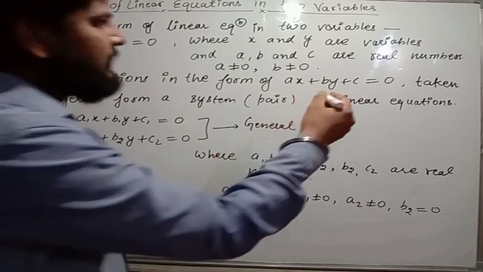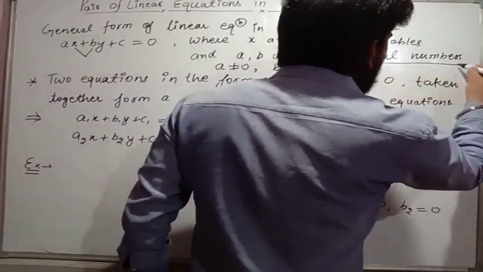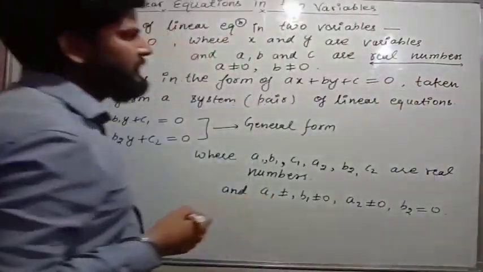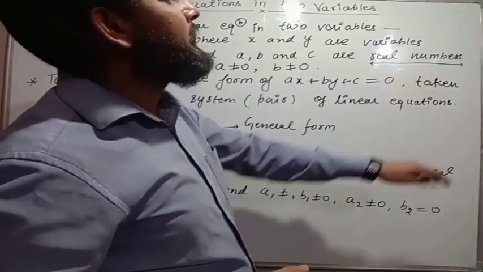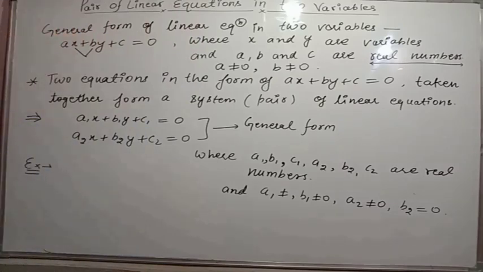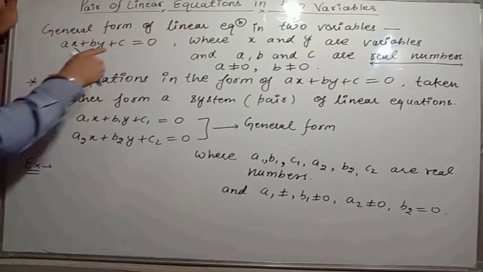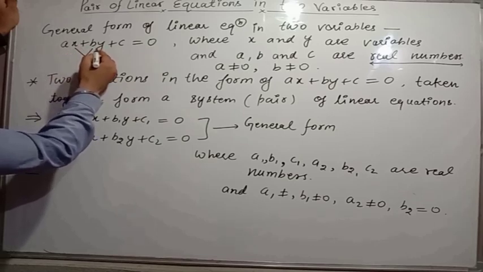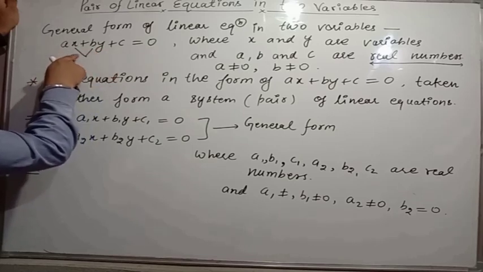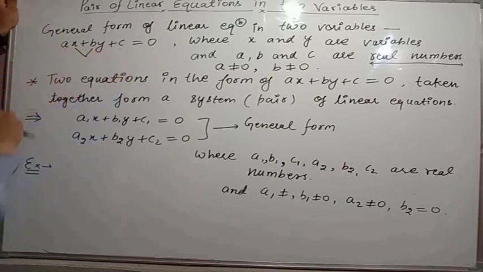Real numbers, as we have already discussed in the first chapter of class 10th, what are real numbers? The set of rational and irrational numbers is called real numbers. So the general form should have two variables x and y, and the general form is ax plus by plus c equals 0.